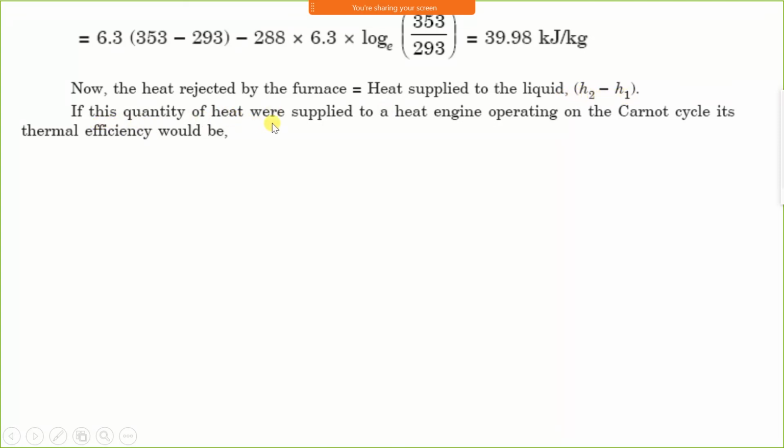If this quantity of heat were supplied to a heat engine operating on a Carnot cycle, its thermal efficiency would be, we are considering that the furnace is a heat engine. Furnace is an external combustion engine, and we are considering the ideal efficiency of that engine, because whatever heat is supplied by the furnace is the total heat gained by the liquid.